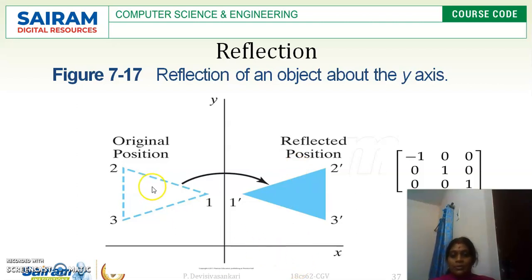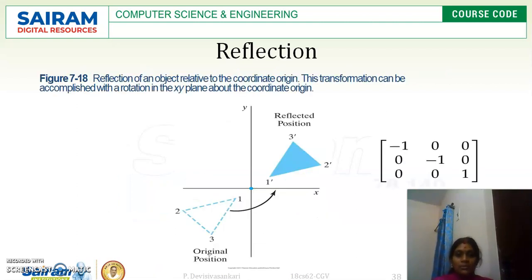And here also we will get x as negative, and in this quadrant both the values are negative, right? So according to this symmetric property we are just getting the reflection of the particular object, right?